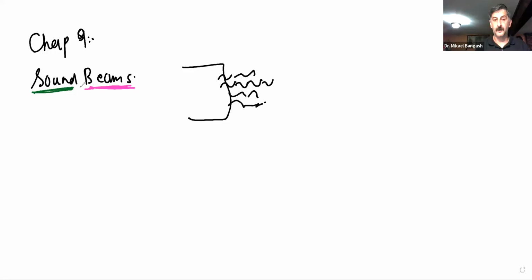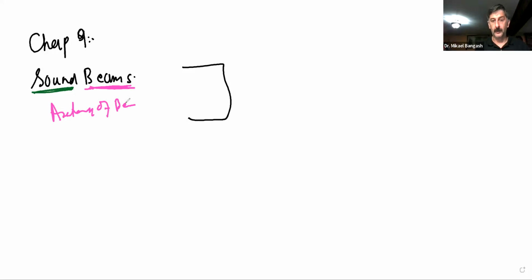Okay, so in this chapter, what we are mainly going to do is talk about the anatomy of a beam. How is it that a beam is going to look?